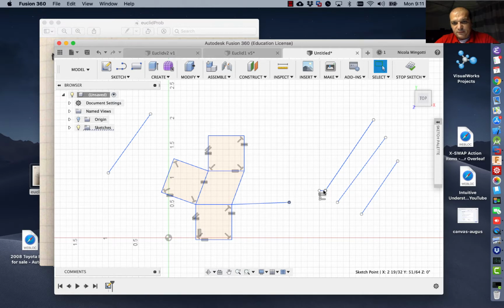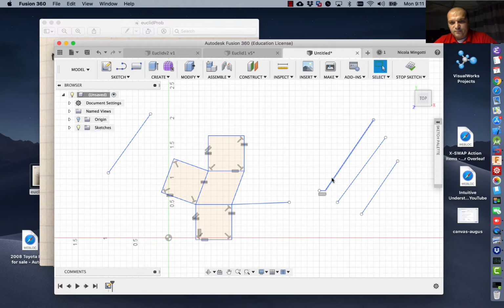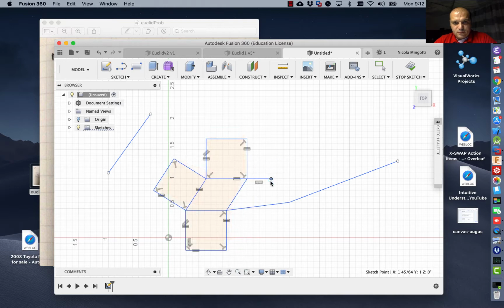You see, this constraint is unwanted. You must be careful with automatic constraints.